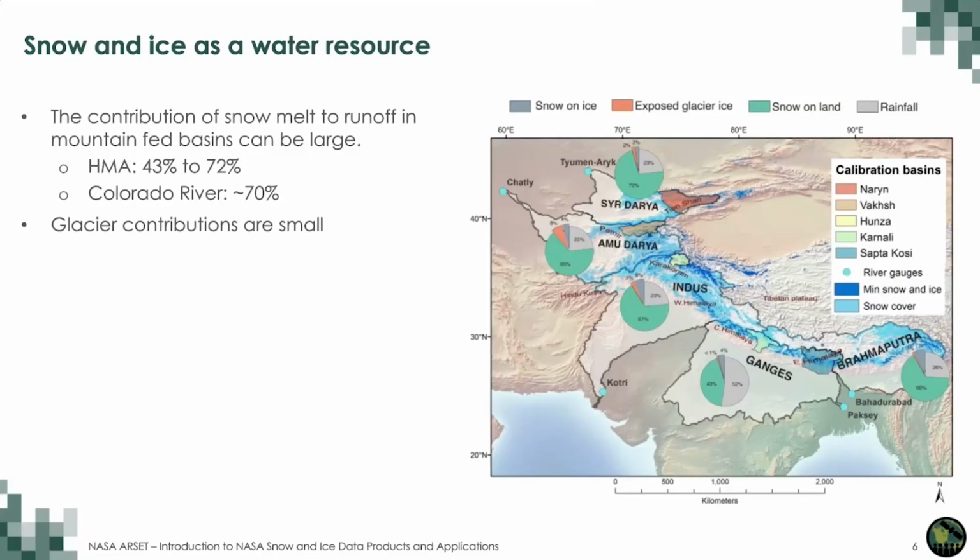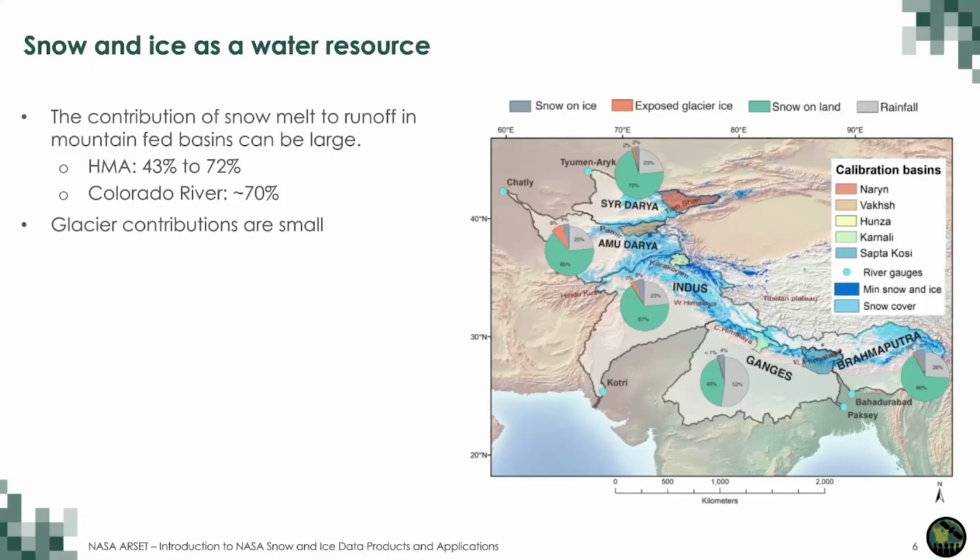In the Ganges, the summer monsoon provides a lot of rainfall, and so snowmelt is not so important, but still getting close to almost 50% of the runoff. You should also note that the glaciers, in this case, don't provide that much runoff, especially in these large basins. It's sometimes important very close to glaciers, but when you get to the continental scale, the contribution of glacier ice to runoff is not as important as snow.